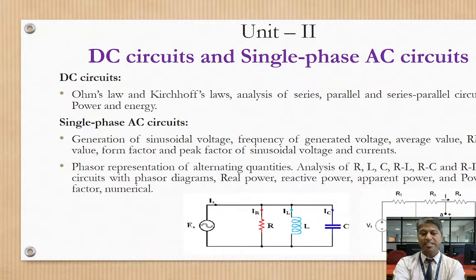We are going to see these with the help of equations and derivations, how the current will behave with respect to the voltage. And we are going to see all these with the help of equations, phasor diagrams, and also the real power, reactive power, and apparent power for all these combinations of passive elements.